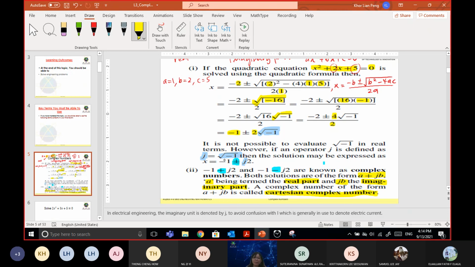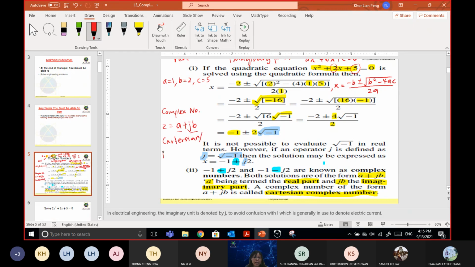As a conclusion, one of the forms of complex numbers, we can write as a plus jb. This one is the real part, this one is the imaginary part. This form of complex numbers is the Cartesian form.